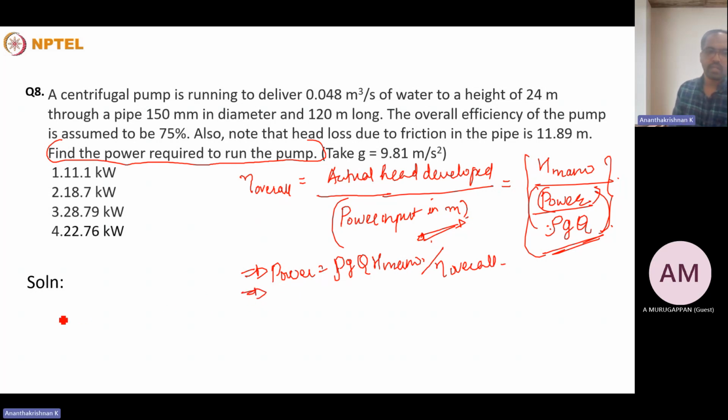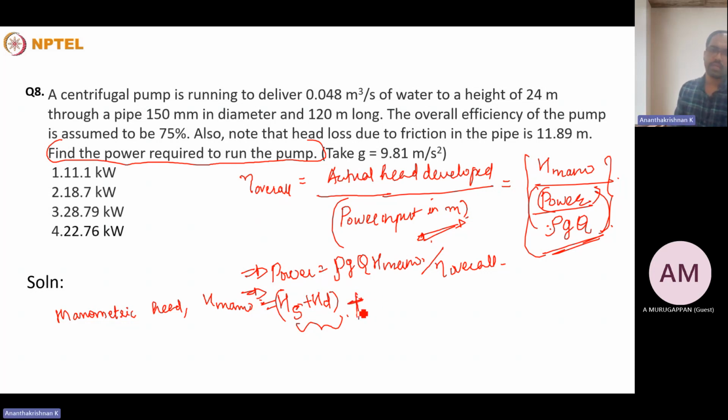This manometric head H mano is a combination of the total static head, that is HS plus HD, the height from which the pump is going to pump water from sump level to the overhead tank.